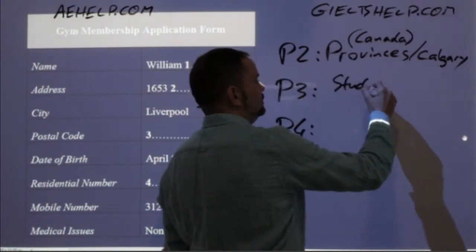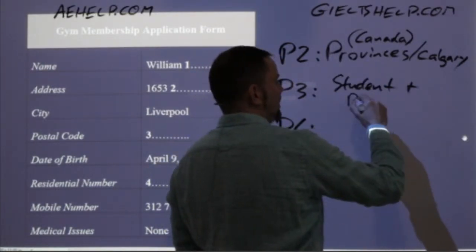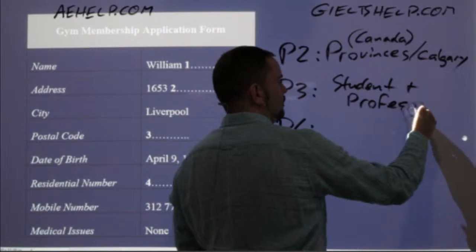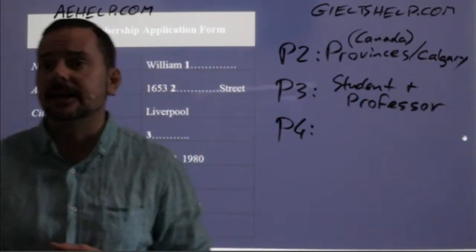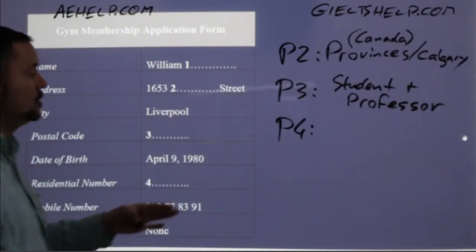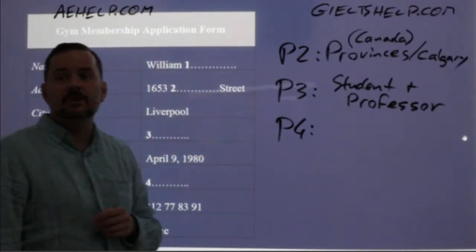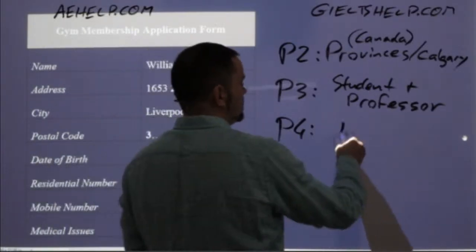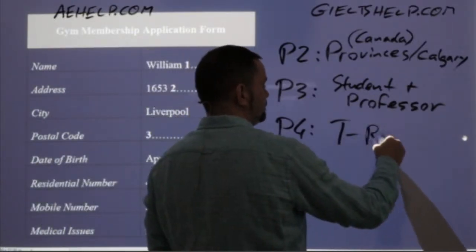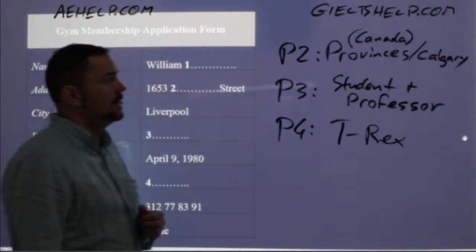Student and professor. Yeah, so that looks to be correct. Absolutely. And then I went to part 4, and part 4 was about Tyrannosaurus Rex, or more simply put, T-Rex. Okay, that was very clear.